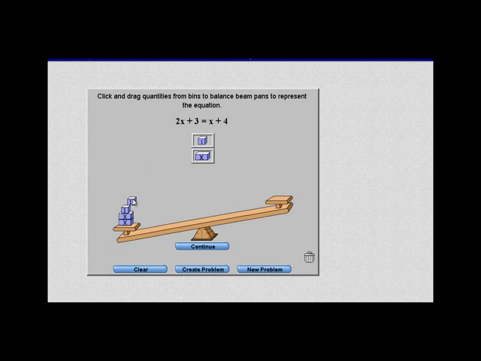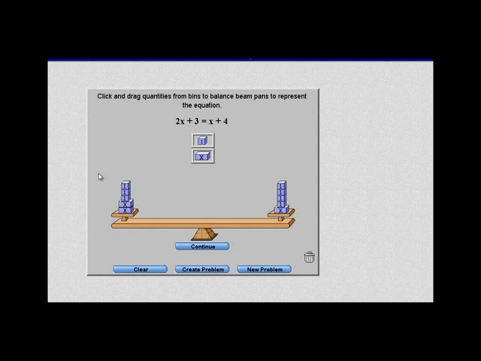At the right-hand side, we have x and 4 units, 1, 2, 3, and 4. So we have a balanced beam. This is the point of balance. Our equation is 2x plus 3 equals x plus 4.